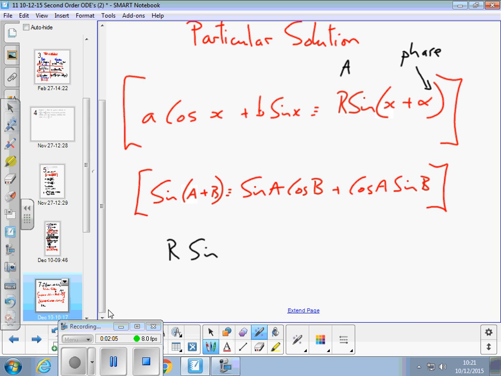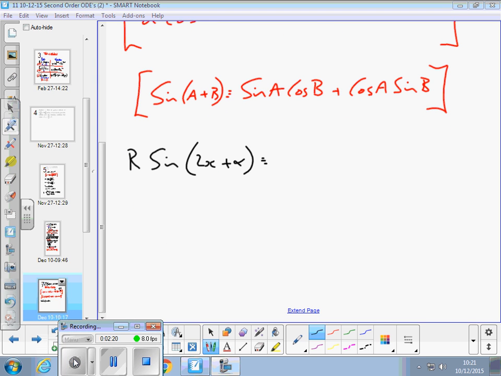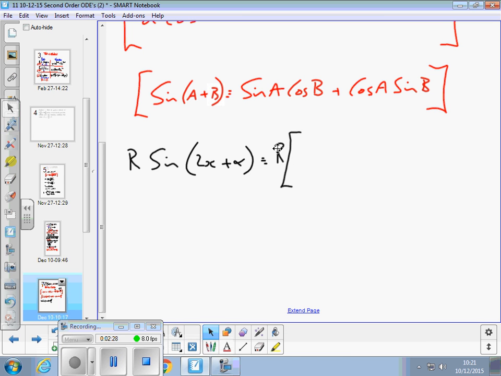So in other words, we can say r sine 2x plus alpha can be written as, let me just move this to one side. It can be written as r, and now think of this sine 2x plus alpha, and think of this.